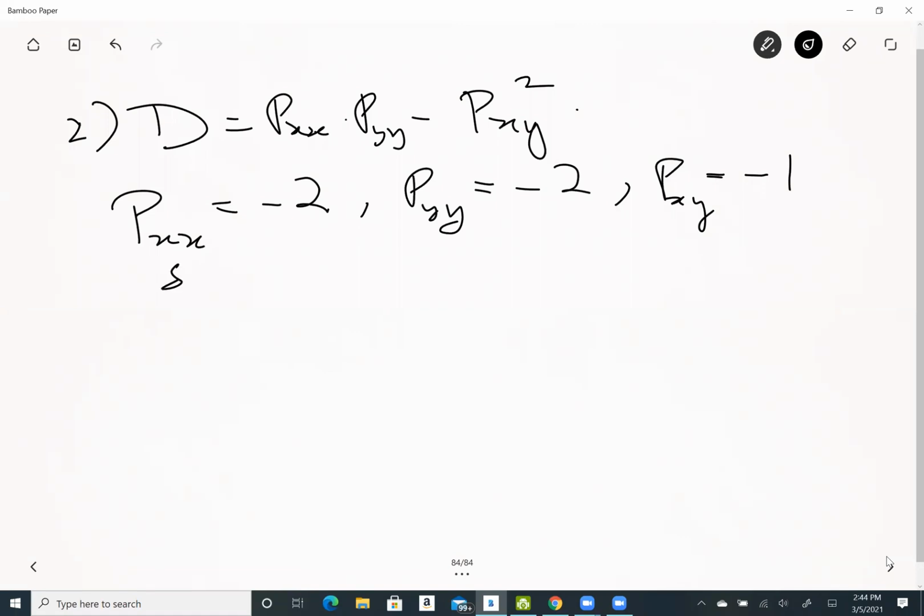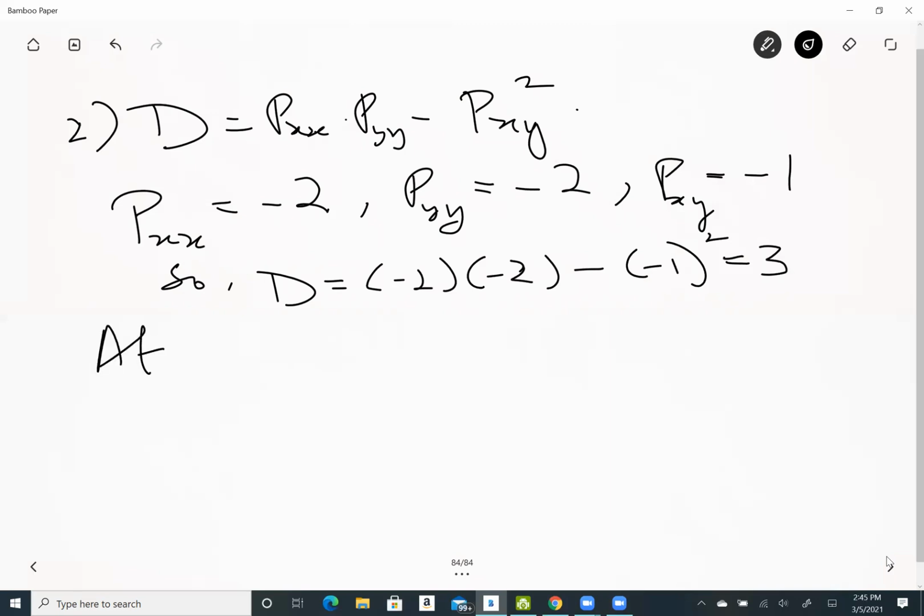So what is the D? The D will be equal to -2 times -2 minus -1 squared. So this is a constant. You take the difference, 4 minus 1, that is equal to 3. Now you got a 3, positive.